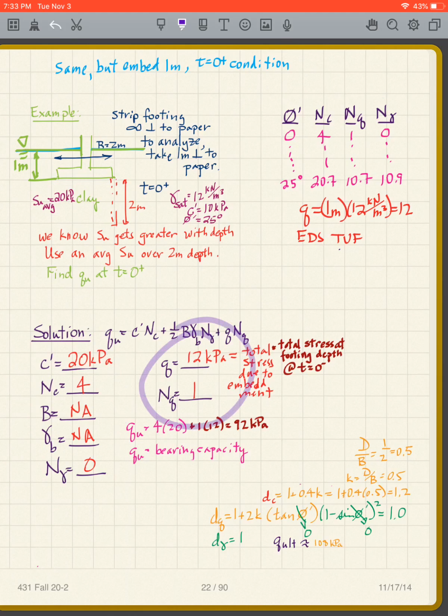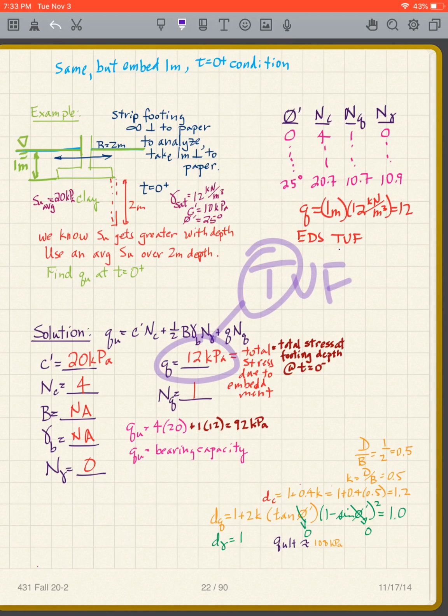All this is the same as what we had before, but now we have to look at the QNQ part of it. And so, remember, we are on TUF, total undrained fast. So this is total stress due to embedment. Well, I have 1 meter to the base of the foundation, and so my Q is going to simply be 1 meter times the unit weight, which is 12.